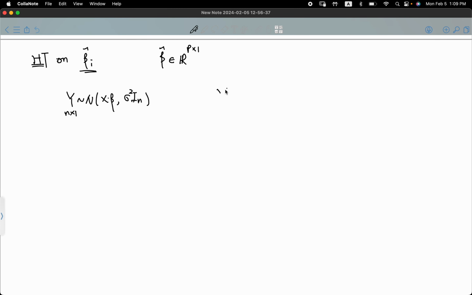Okay, and y minus x beta, let's standardize it, so with the power of negative 1/2. And then here we have it following a normal with mean 0 and identity covariance of dimension n.